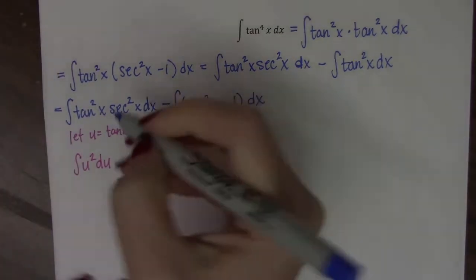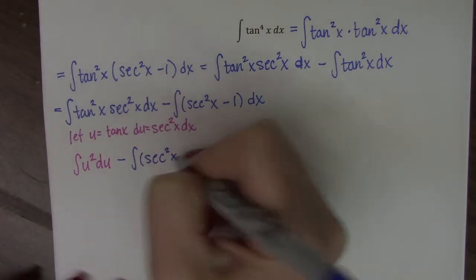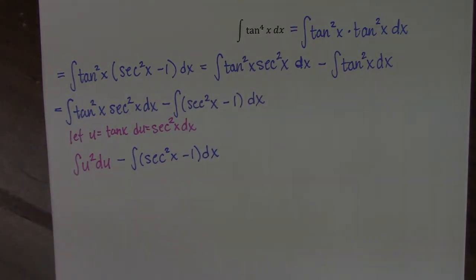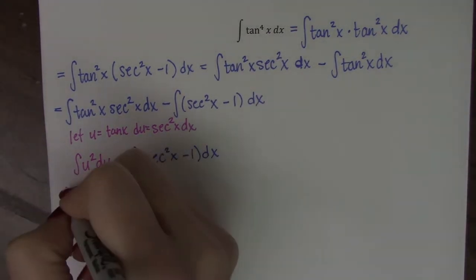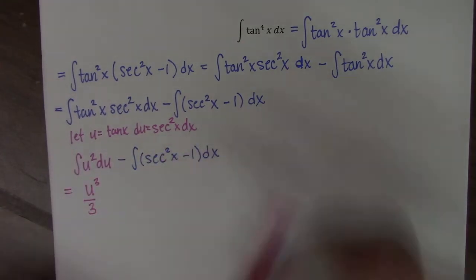And then I've still got my integral of secant squared x minus 1 dx. So when I integrate this, the first one is going to be u cubed over 3.